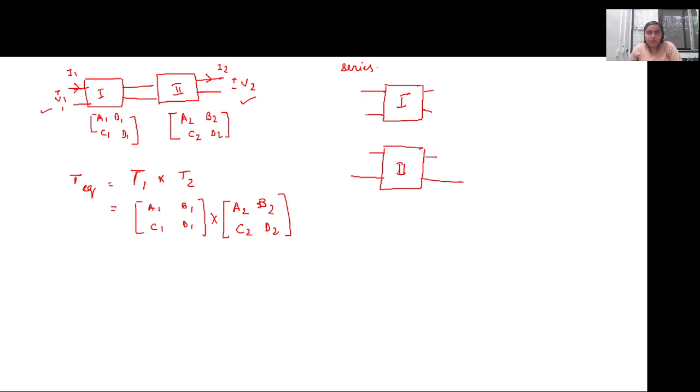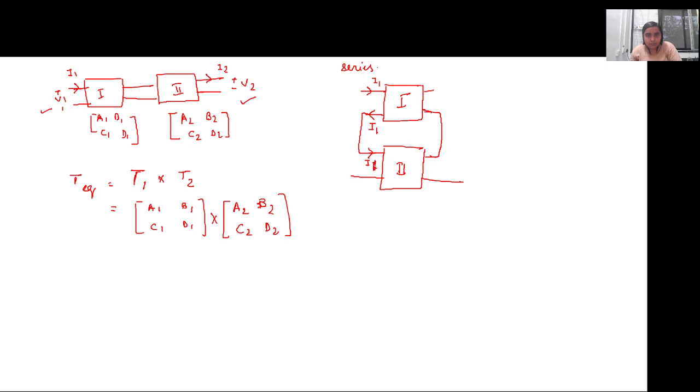If I1 is the current flowing into the circuit, in a series network the current remains the same, so the I1 current coming out flows into the next circuit.